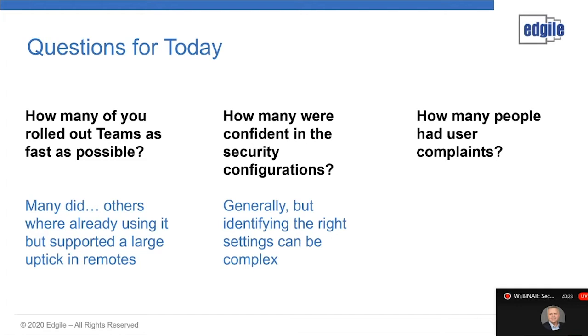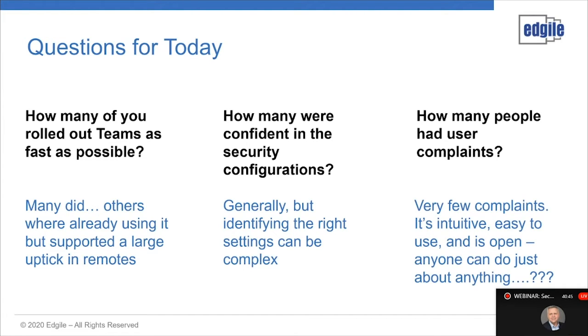And then how many were confident in the security configurations? Well, generally they were. You wouldn't roll it out unless you were relatively confident. But the settings, as we'll see as we go into this discussion a little bit, are complex. They're obfuscated. So although generally yes, still some questions.